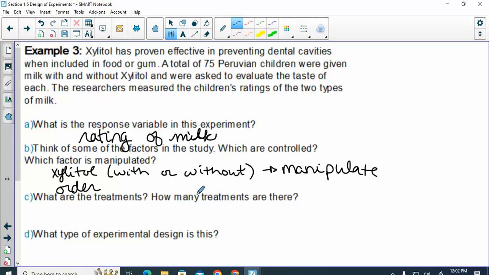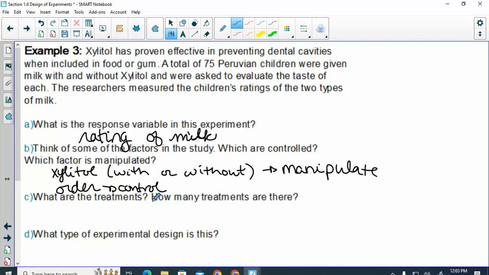So we need to deal with order. That's not really the one we're going to manipulate. That's one we need to control. We need to know that I am mixing that up, because if I give everybody the xylitol second, then that might change their outcome. What if I give Izzy the cup of milk with xylitol and she goes to drink it and I make a face like, oh, that's going to be awful? She's probably going to think it's awful.